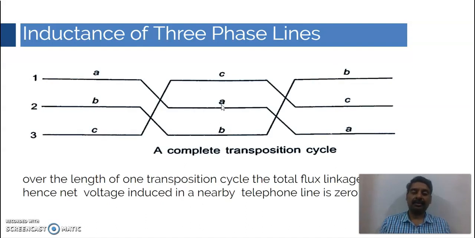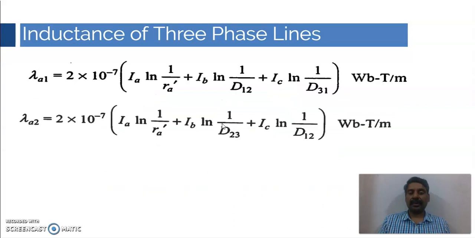So what is the distance? Earlier it was 2, 1; now it becomes 3, 2. The equation gets modified as IB natural logarithm 1 by D23, because conductor A is in position 2 and conductor B is in position 3.